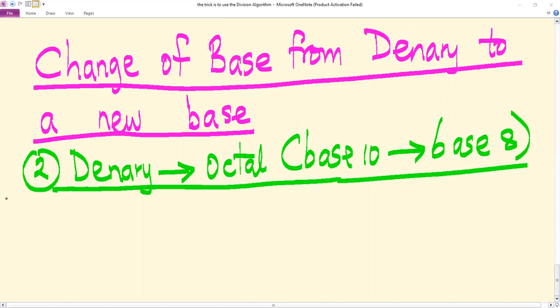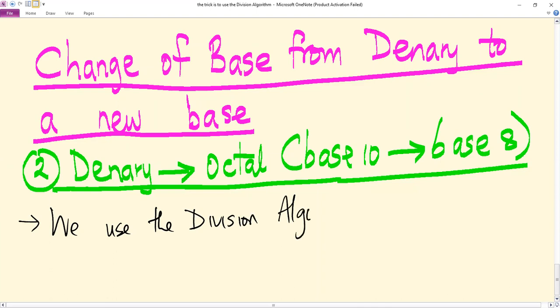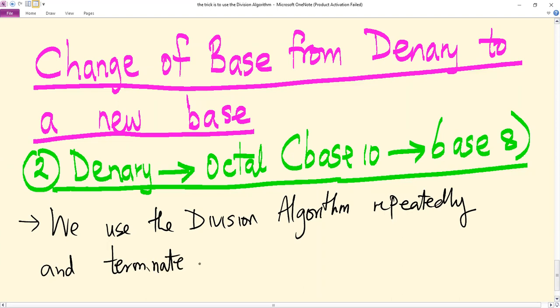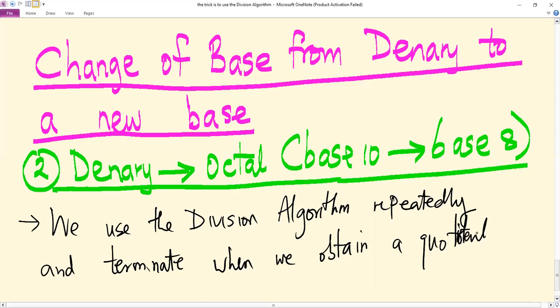So we use the division algorithm repeatedly and terminate when you obtain a quotient of 0.